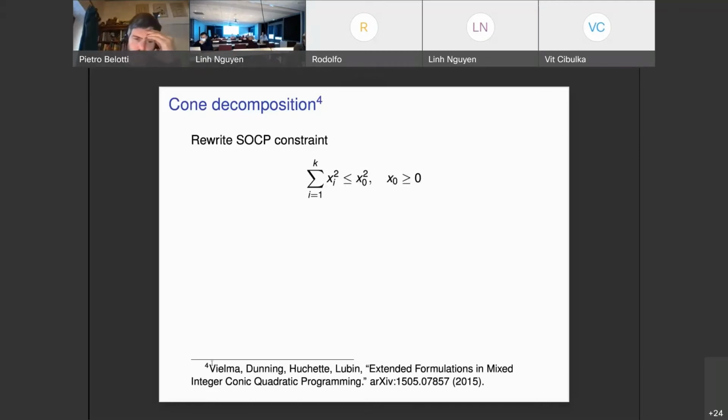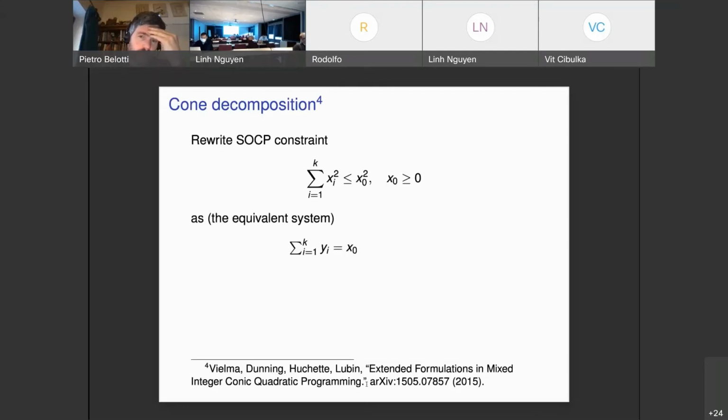This technique has been documented by Juan Pablo Vielma and co-authors in this very nice paper. What happens here is that you can transform this cone, which in practical applications can contain a lot of terms, that is, K can be very large, which may have some effects on numerical stability.